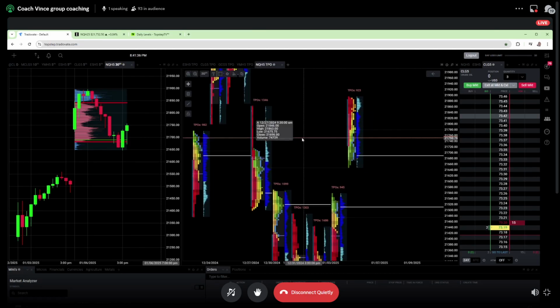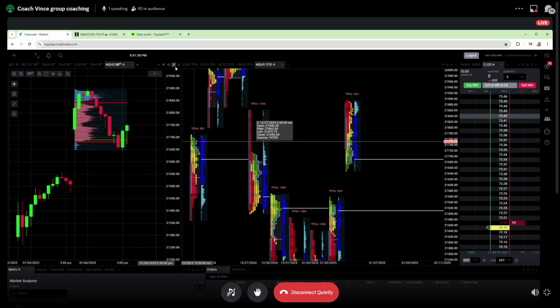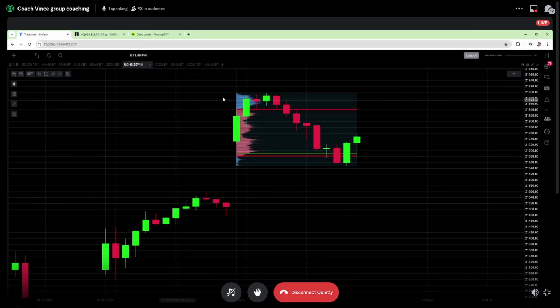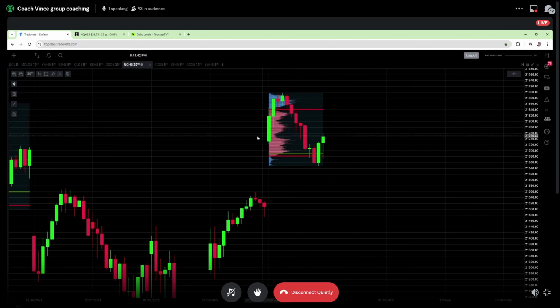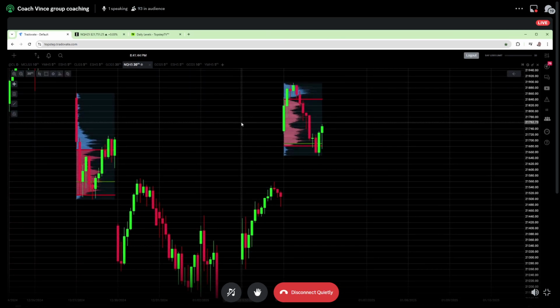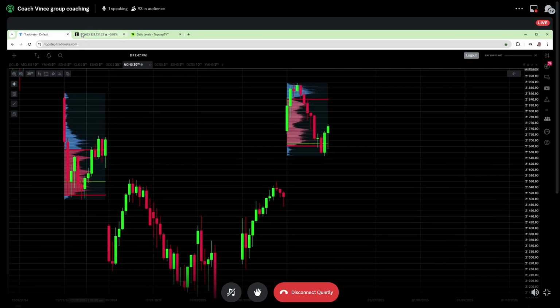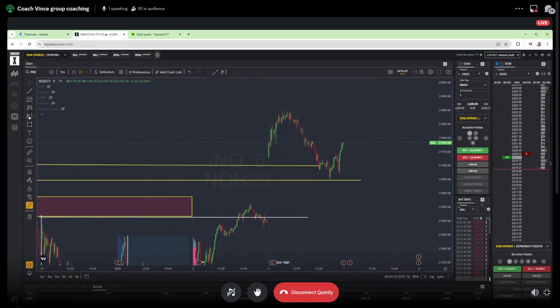All right, so here's the NASDAQ on a 5. So we have the open range trade.